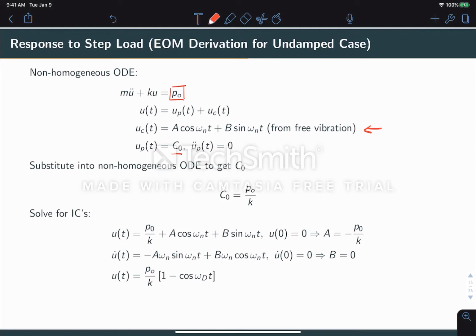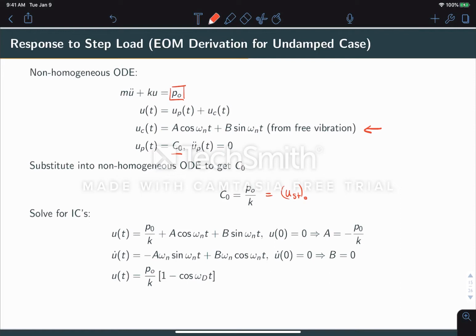So we plug that particular solution in, and we get that that constant is equal to P naught over K, right? That's our static displacement. So we could also call this u sub st naught. And then we solve for the initial conditions, right?